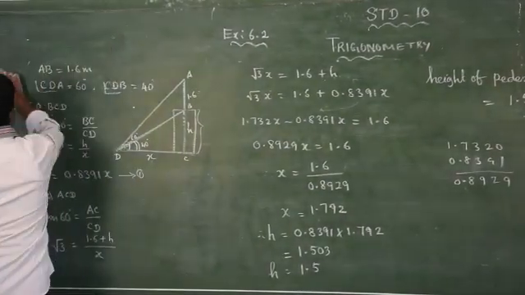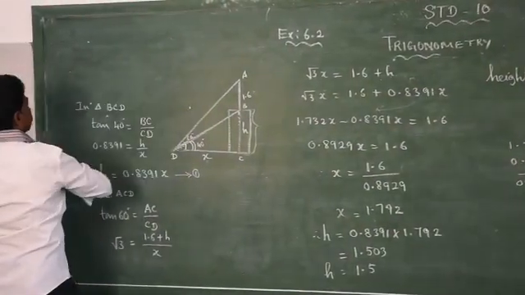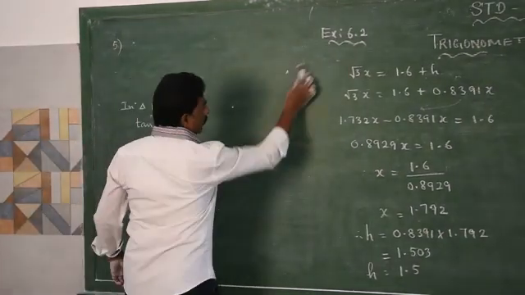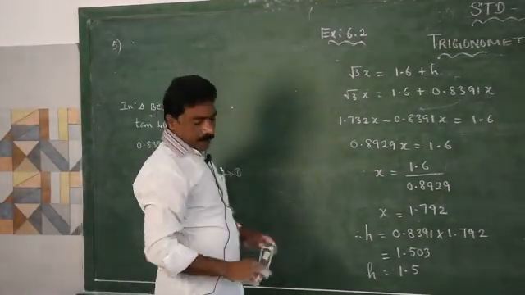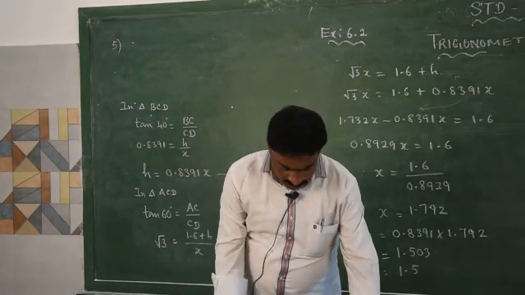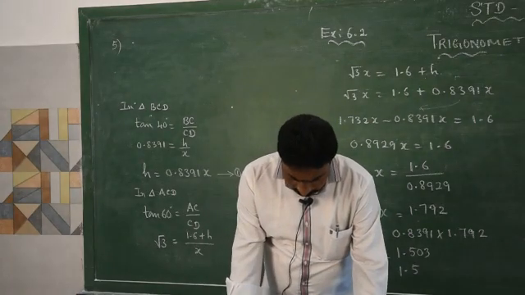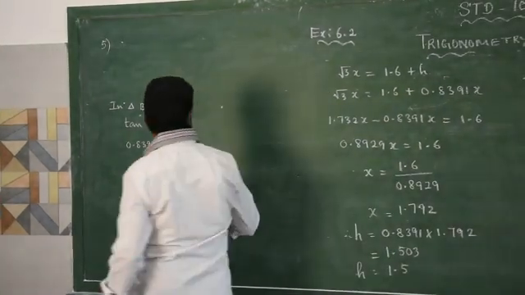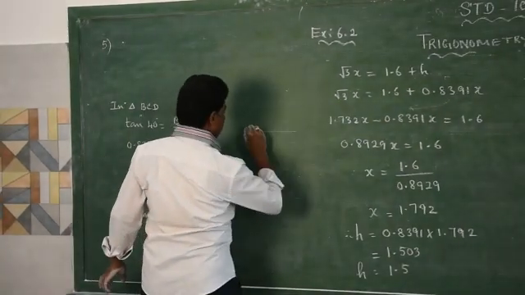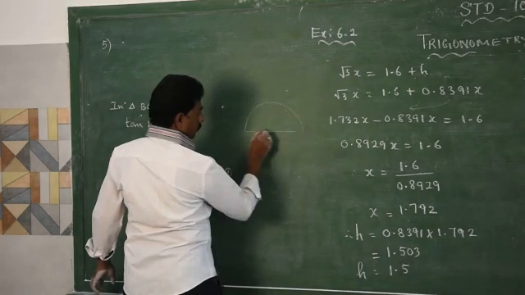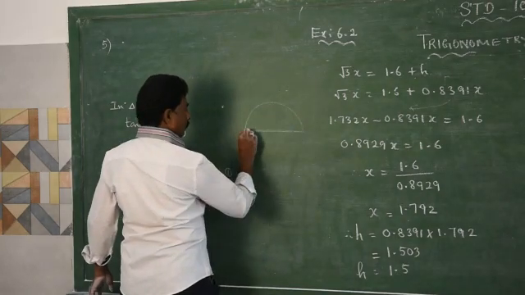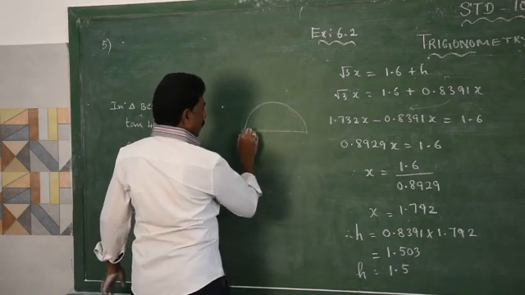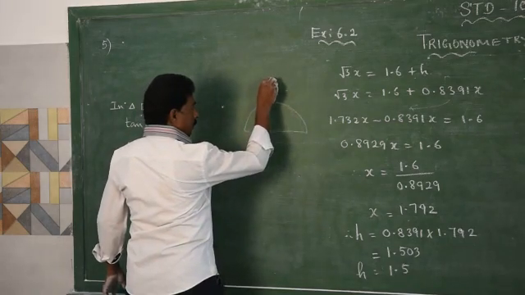The fifth question. Look at the diagram. A dome. A flagpole of h meter is on the top of the hemispherical dome. So, hemispherical dome. On the top there is a flagpole.